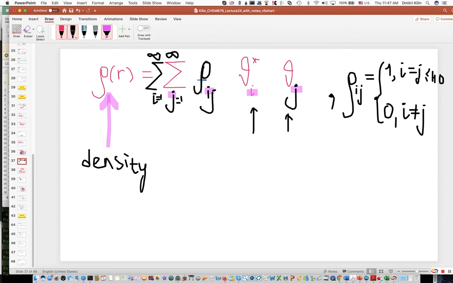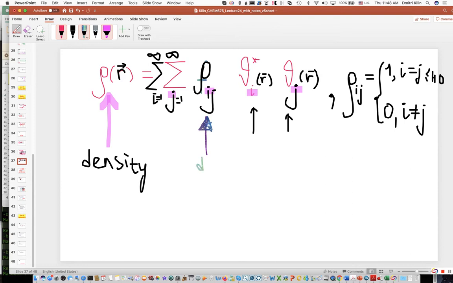Now, the density on the left is a continuous function depending on position. Right? And here we have orbitals that depend on position, and also they are specific for each index. And the object with indices here is discrete, right?